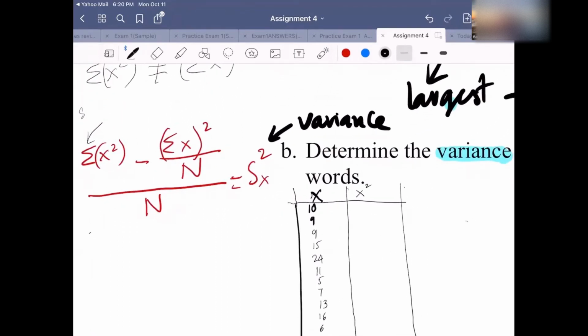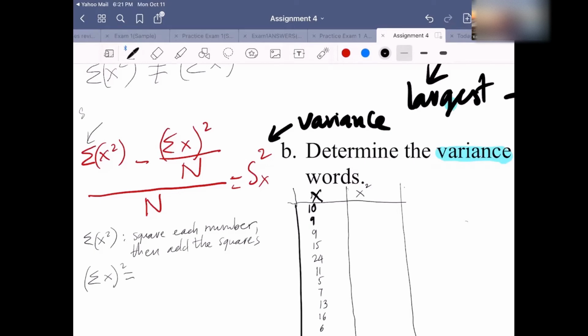So this notation here means that you have to square each number, then add the squares. Okay, that is the first one in the formula. And for the second one, you can see that it is the sum of x and then the whole thing squared.